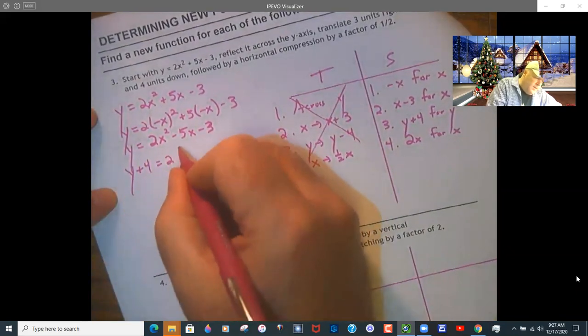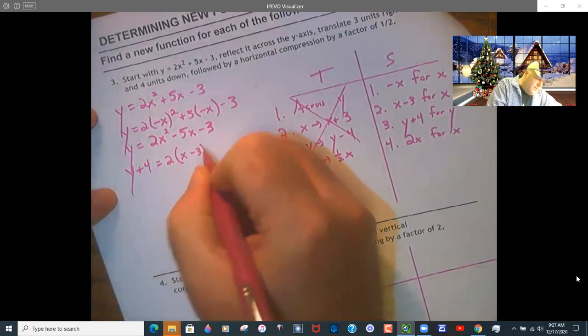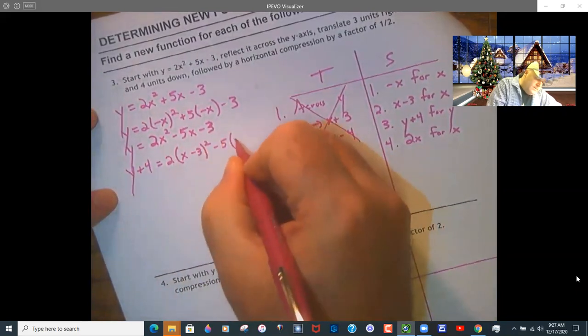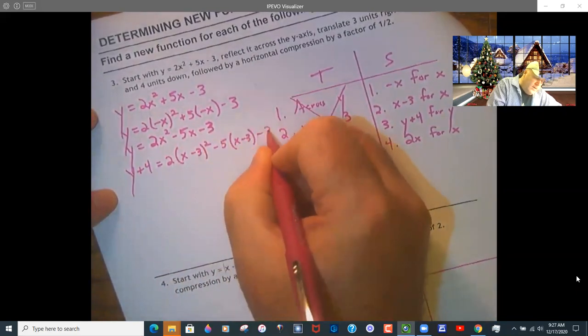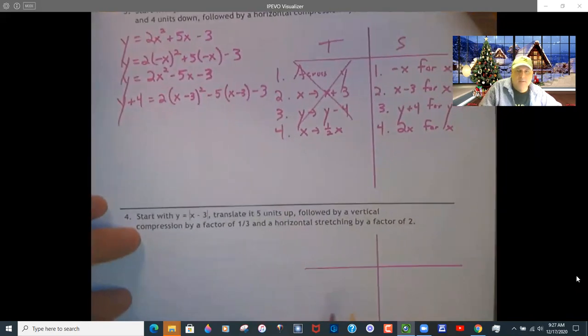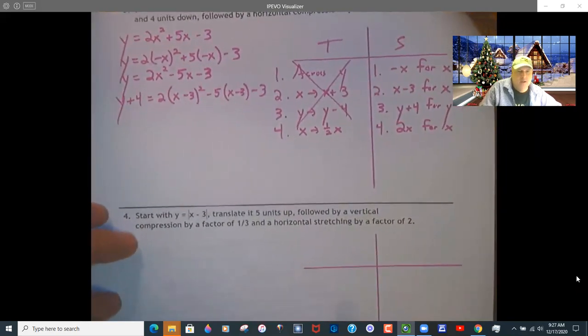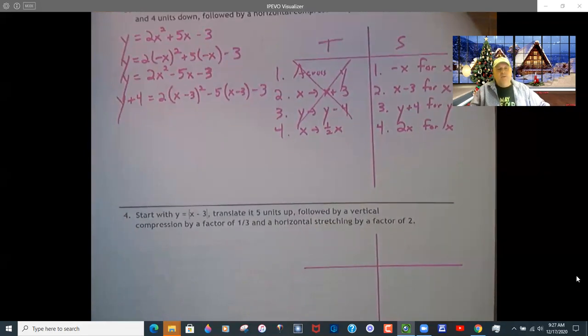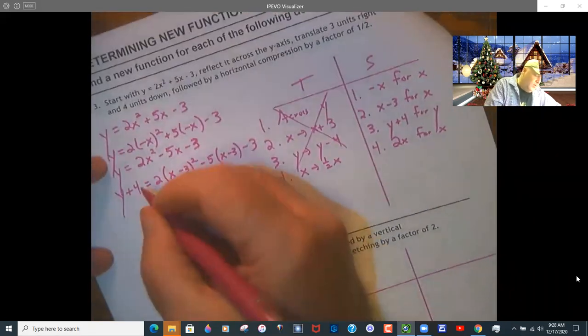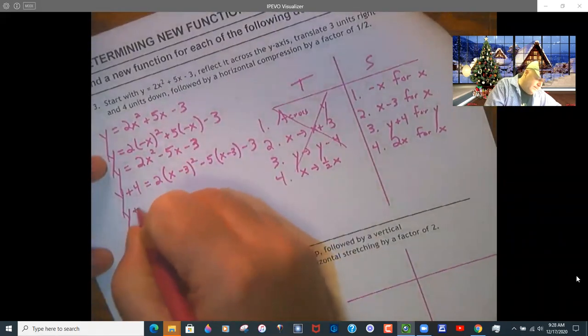But they have to be consecutive in the statement. So there's the substitution for 2 and 3. And so notice on the right side, you got some work to do. You got a FOIL product to do, you got to run the -5 through, and then we got to subtract the 4 over. So what is this going to look like?